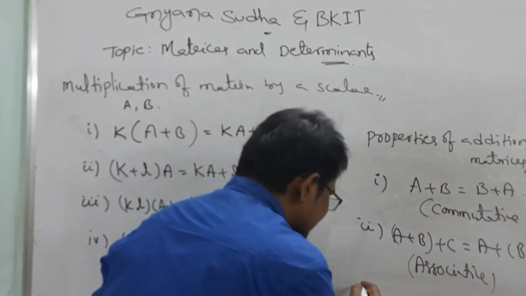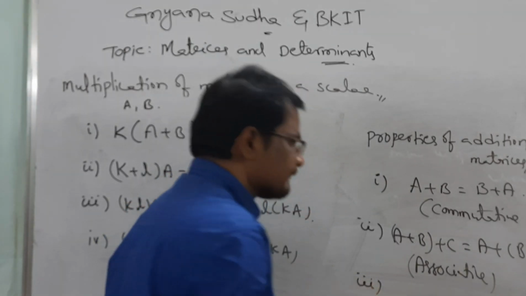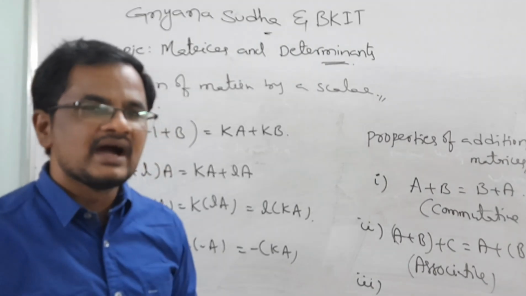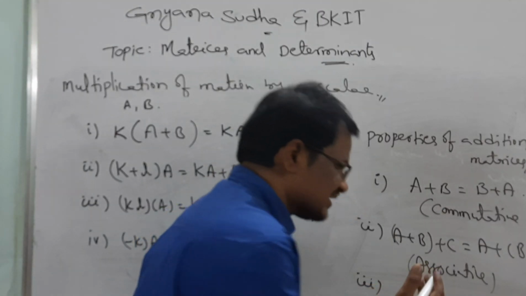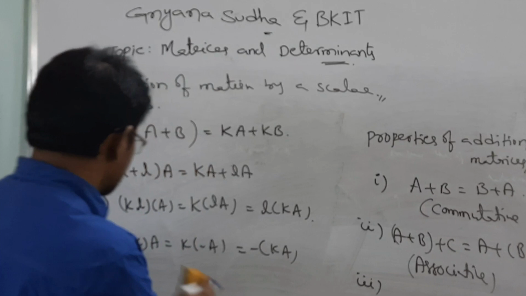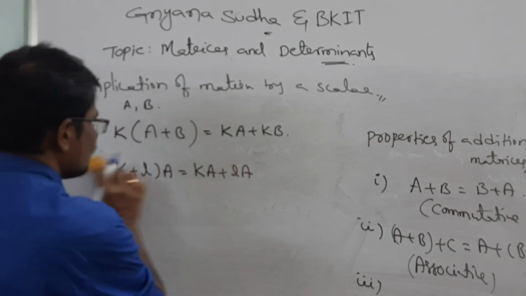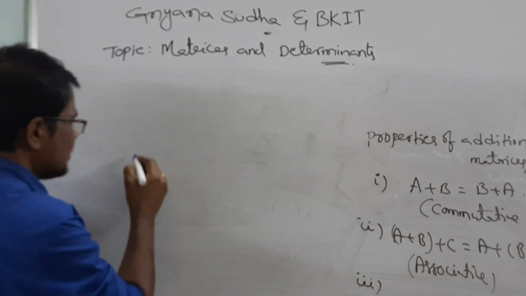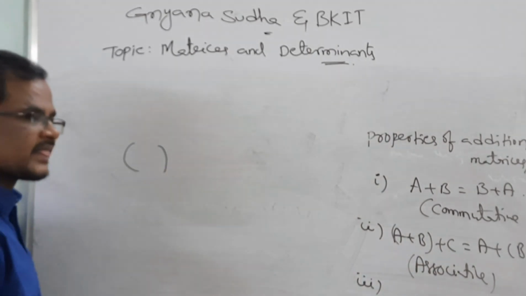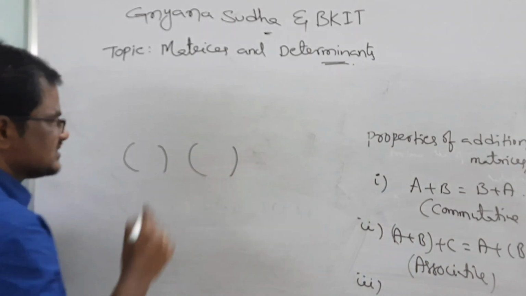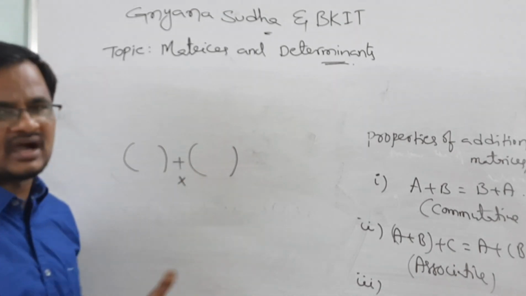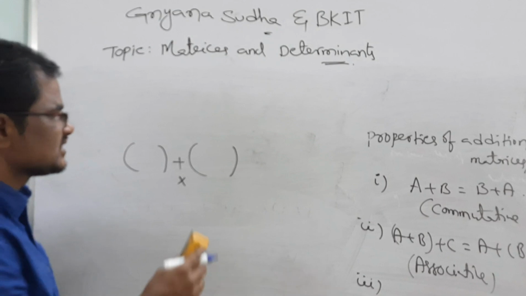And existence of additive identity. Existence of additive identity means nothing but, here matrices are there, but any other elements also you can take. One matrix is there and a second matrix is there. Between these two, either plus or into, whatever the operation, but here we are discussing only plus.